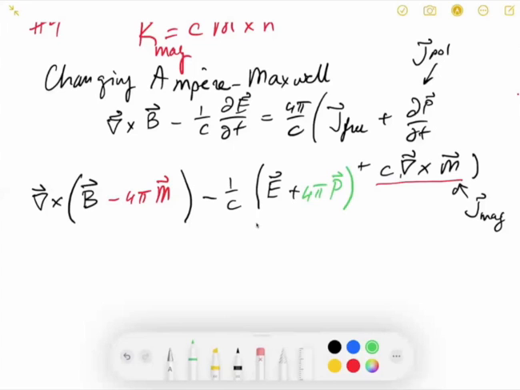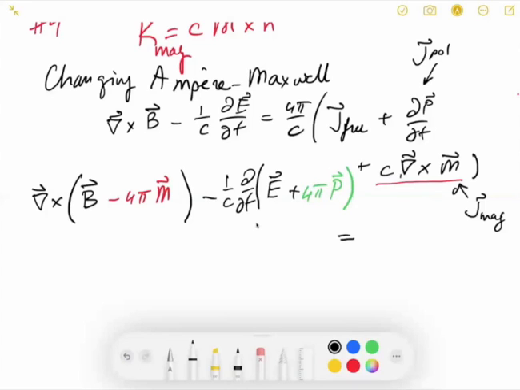I believe my signs are correct. I just missed a derivative. Put that in there, d dt. Okay, so let me see. Got the d dt, got a 4 pi, got a C. Yes. All right. So that's the left-hand side.